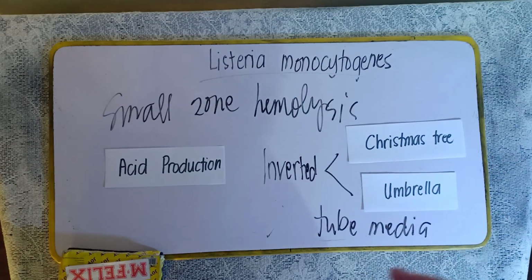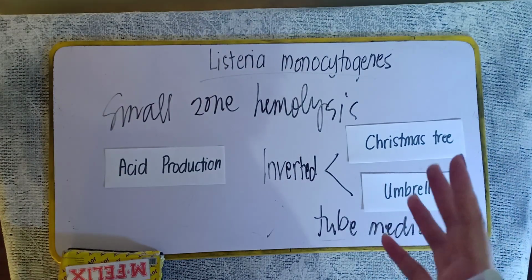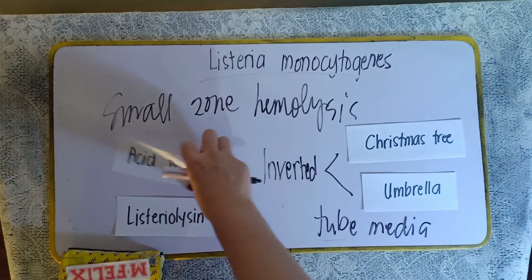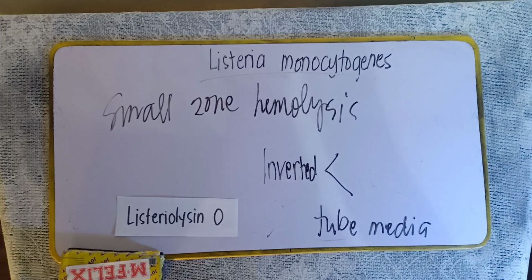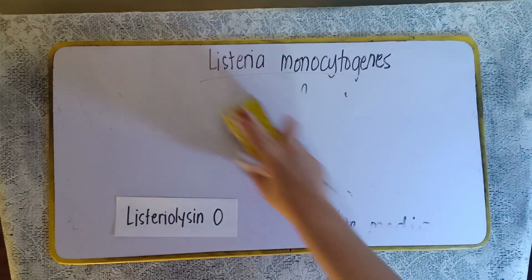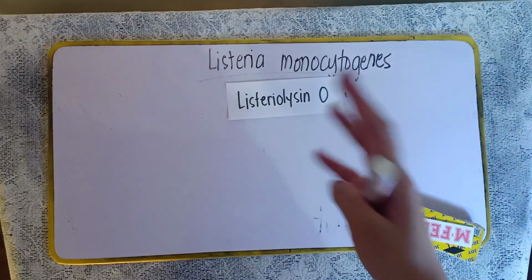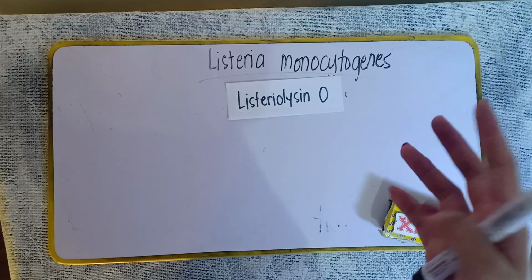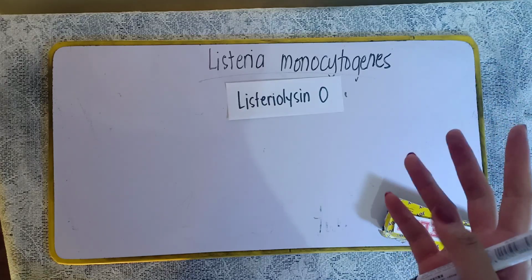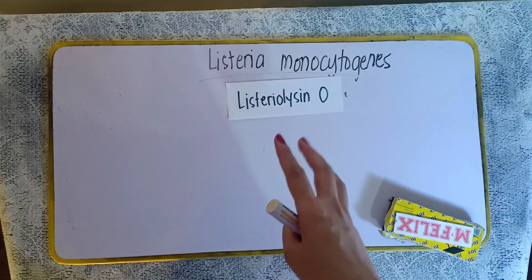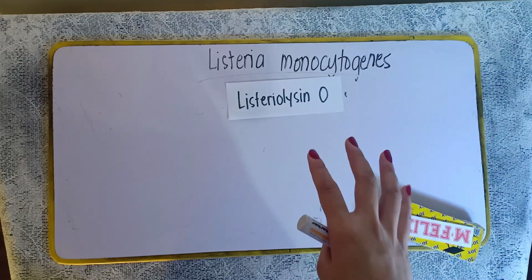Now, the primary virulence factor of your Listeria monocytogenes is your Listeriolysin O. It is the main virulence factor produced by this bacteria. Now, ano tong Listeriolysin O na ito, class? This Listeriolysin O is a primary bacterial determinant responsible for the escape of bacteria in the vacuole once eaten by phagocytes.